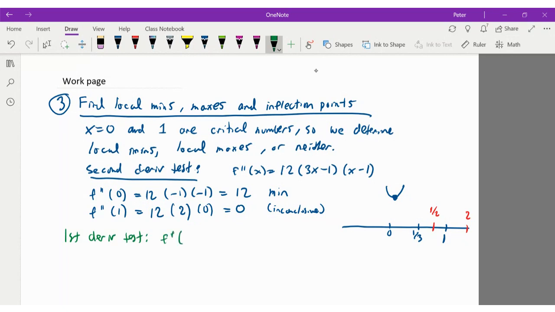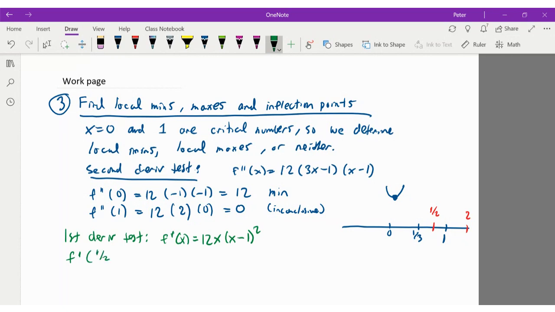The first derivative was 12x times (x minus 1) squared. So what I'm going to do is plug in these two numbers, 1/2 and 2.